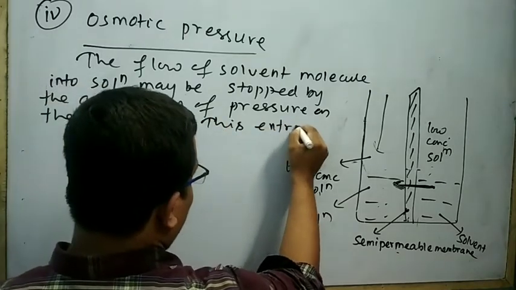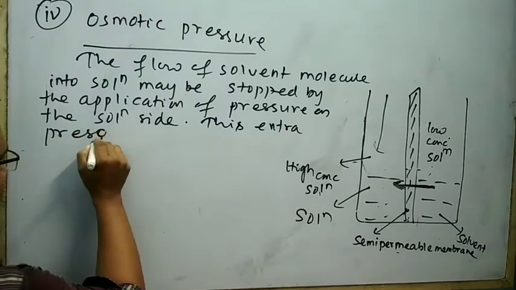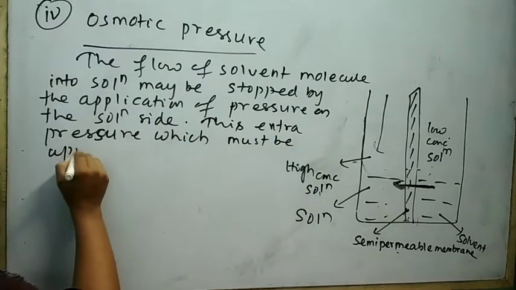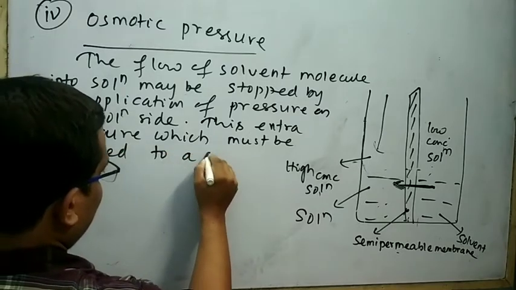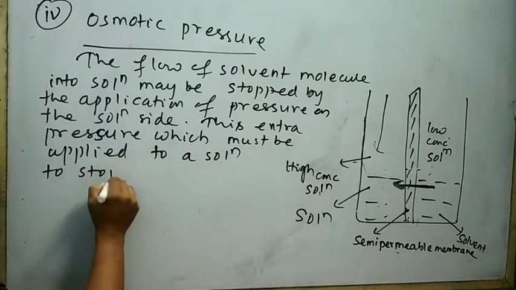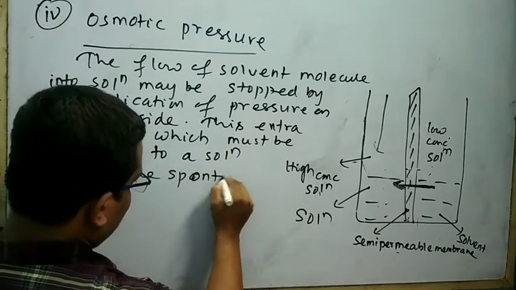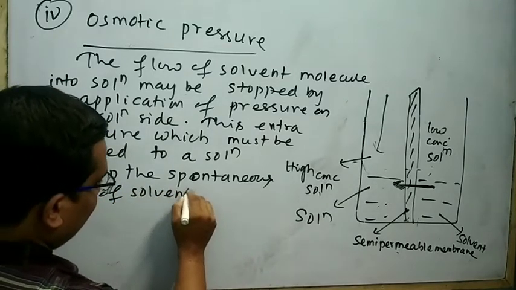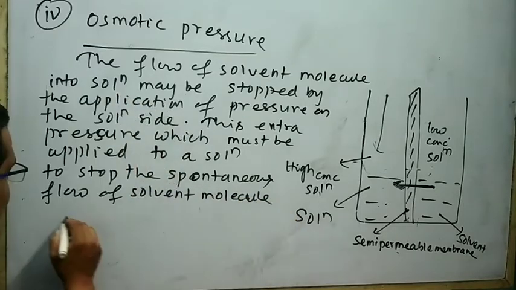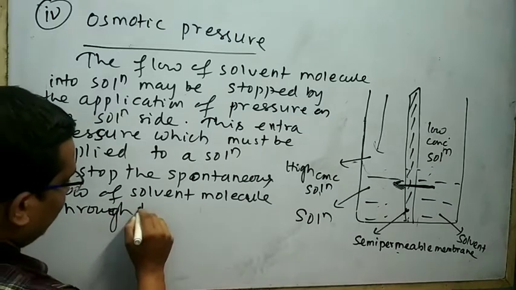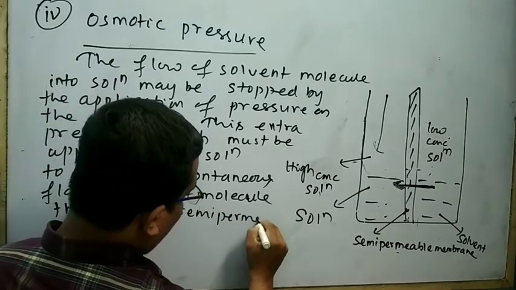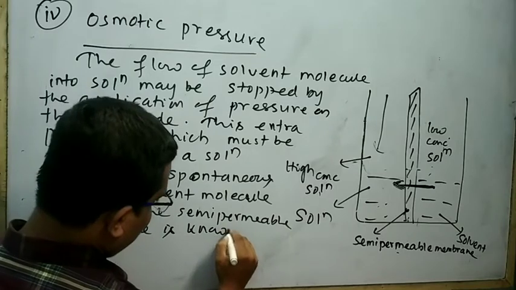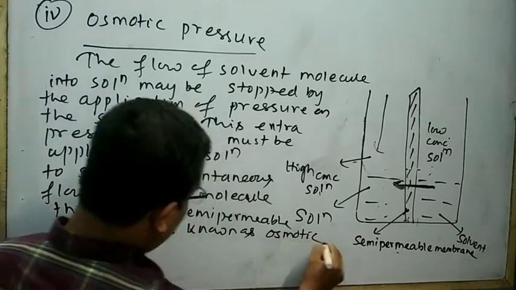This extra pressure, which must be applied to a solution to stop the spontaneous flow of solvent molecules through the semi-permeable membrane, is known as osmotic pressure.